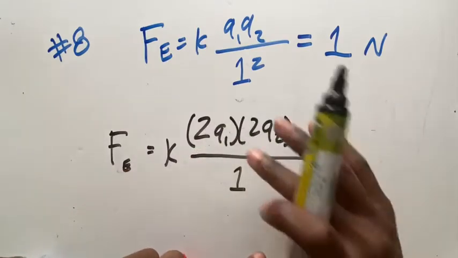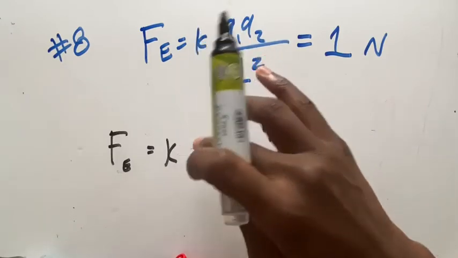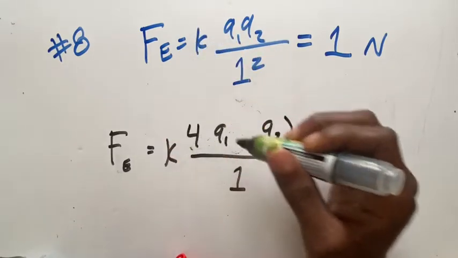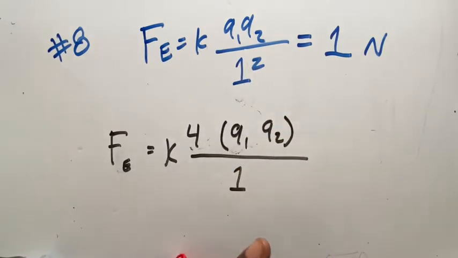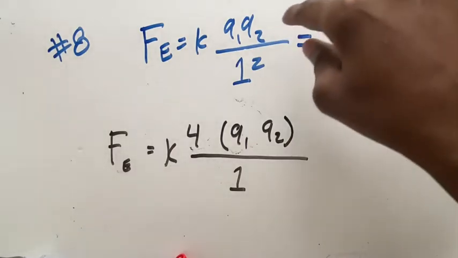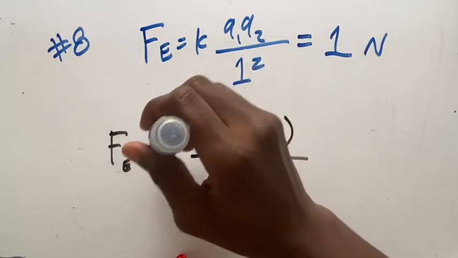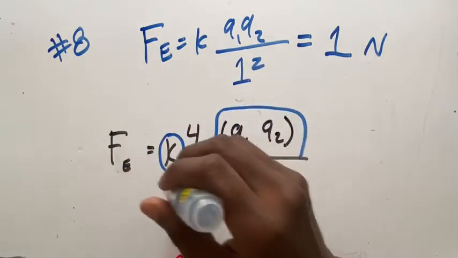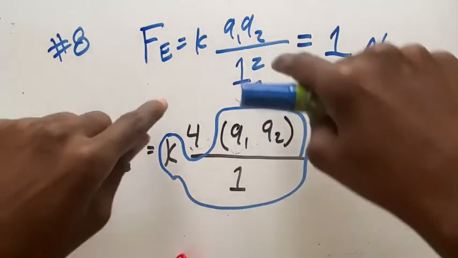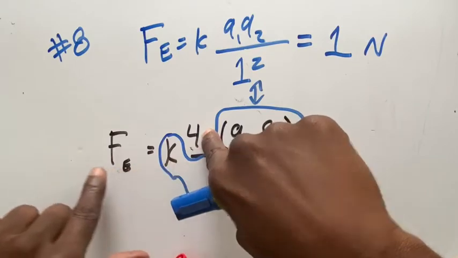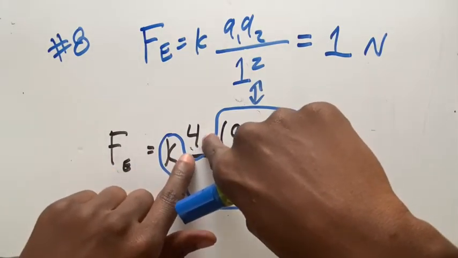That becomes 4. So let me just write a 4 here. Boom, right? So now notice, basically, this whole part of the equation is the same as all this, right? But the only difference here now is just this 4. So this new force, after we double the charges, is going to be 4 times as big.